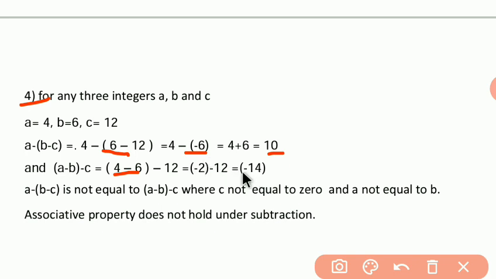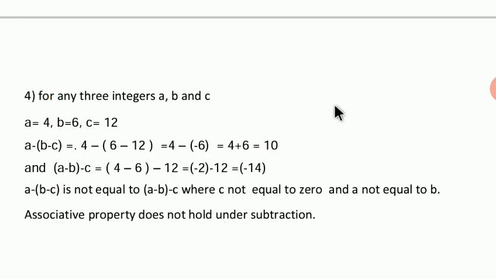So 12 plus 2, 14, and the sign will be minus. So the answer will be minus 14. You can see a minus bracket b minus c is not equal to bracket a minus b minus c, where c is not equal to 0 and a is not equal to b. Here you can see that c is equal to 12 and a and b values are different. So you can easily see that the associative property does not hold under subtraction.